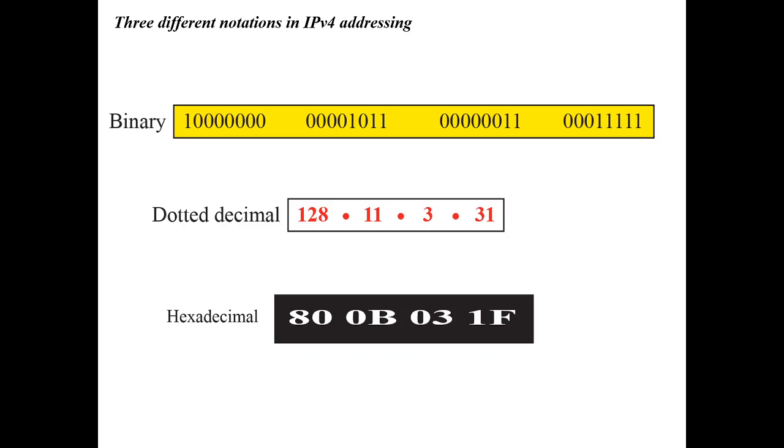Each octet is denoted in decimal and the octets are separated by a dot, hence it is called dotted decimal. To make IP version 4 addresses more compact and easier to read, dotted decimal is mostly used. The third notation is hexadecimal, where the binary address is represented in hexadecimal.